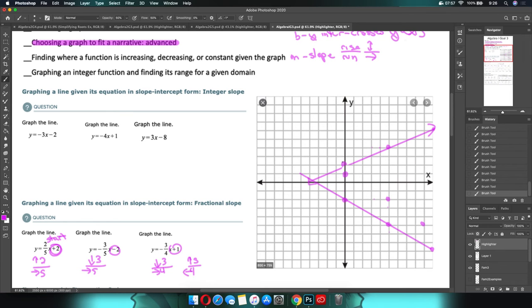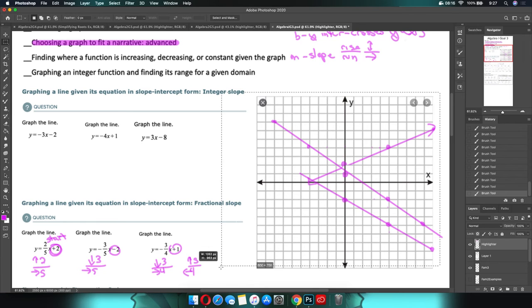Let's see how that looks. Up 1, 2, 3, backwards 1, 2, 3, 4. Up 1, 2, 3, backwards 1, 2, 3, 4. Sorry. And there is my line. That's what you're doing when you're doing this kind of graphing.